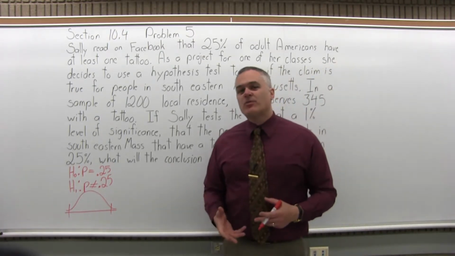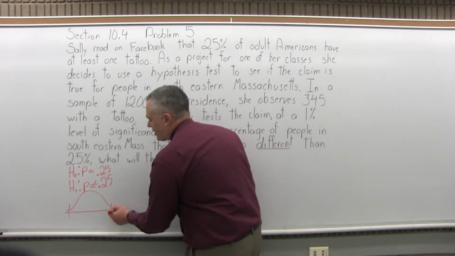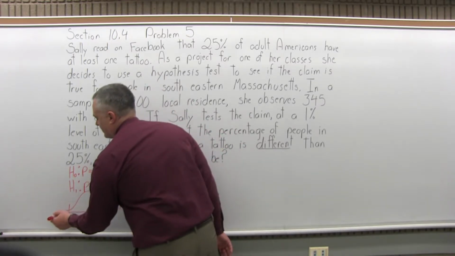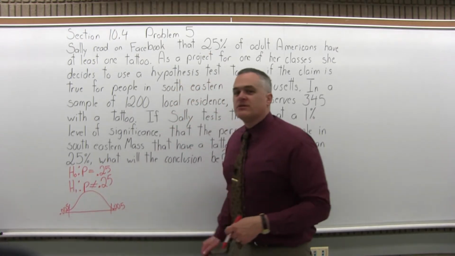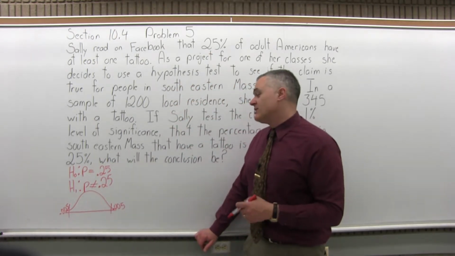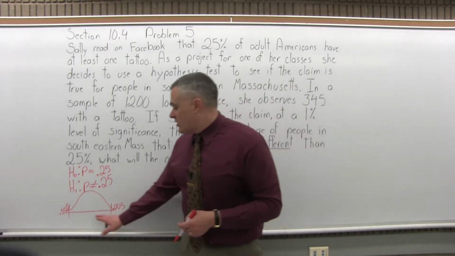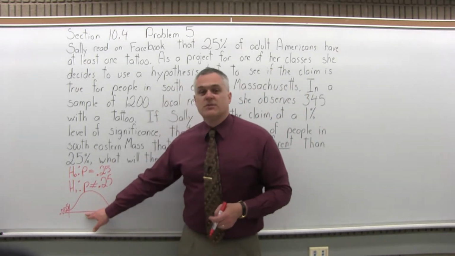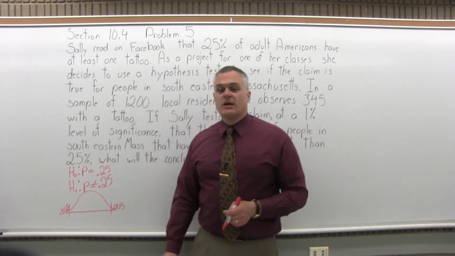So you have 0.5% on each side. That's not 0.05 for 0.5%, it's 0.005. 0.05 is 5%. We want 0.5%. So there's 0.005 on the left, 0.005 on the right. If you go into either critical region, you will reject the null. But if you're not quite out into the critical regions, you're closer to the middle, you will fail to reject the null. So let's see where we wind up.